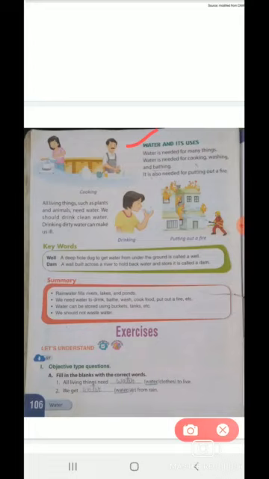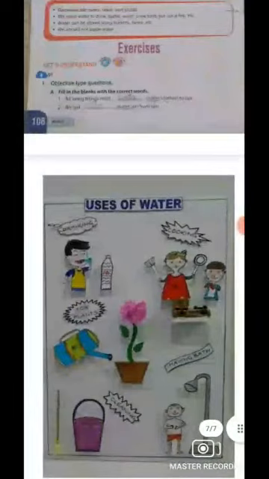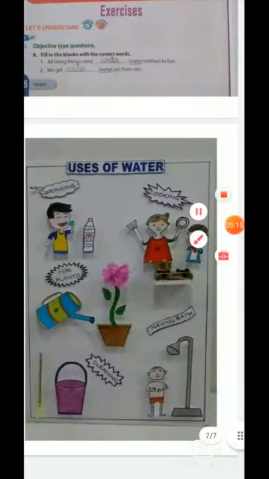Students, do you know? Not only humans need water, but also plants and animals need water to live, because without water they cannot live. So now the chapter is over, and you can see in this picture the uses of water are given.